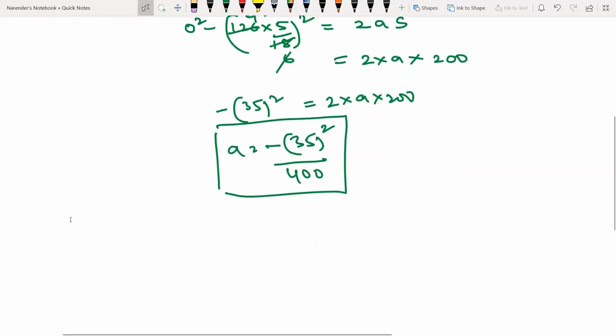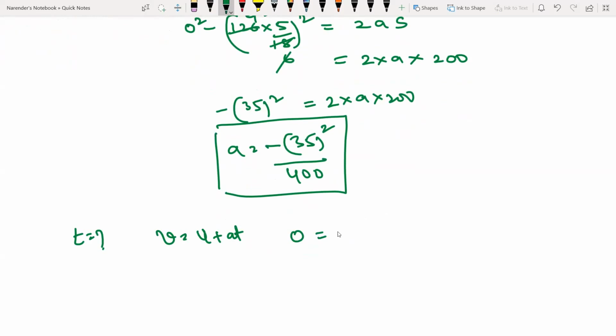So what is the next thing that you have to find out? You have to find out the t value. So we have v is equal to u plus at. What is v? v is 0. Initial velocity is 126 into 5 by 18 plus a. What is a? Automatically minus 35 square by 400 into t.